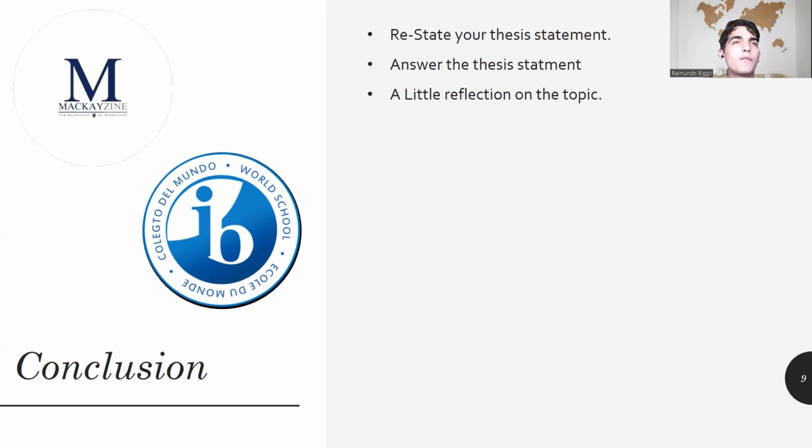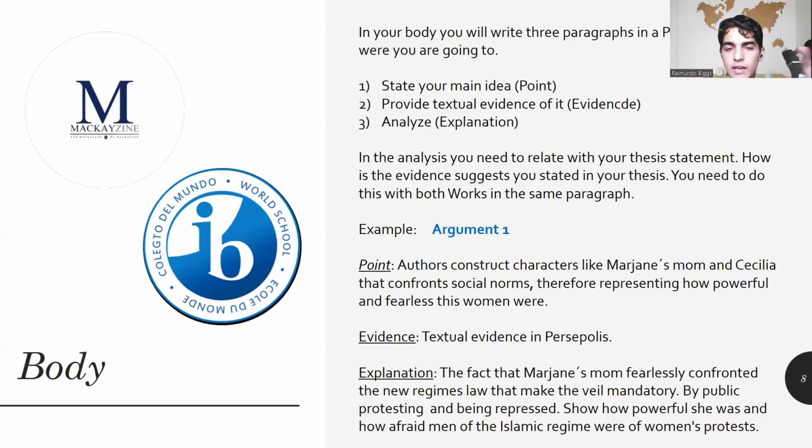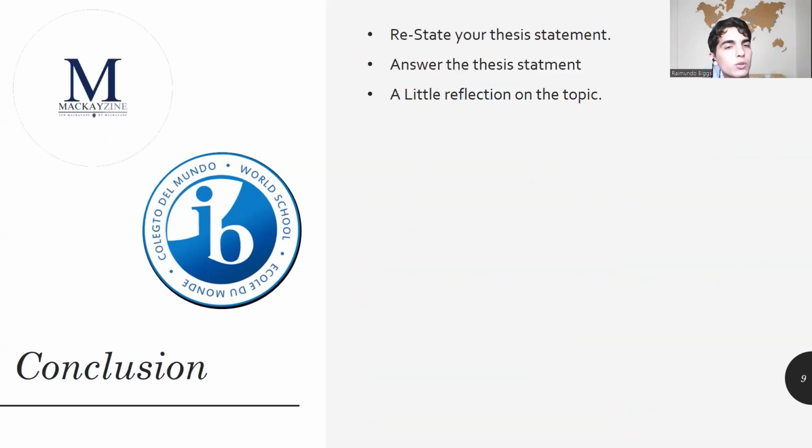At last, when you've finished all your arguments with that structure of point, evidence, explanation, and then for text 2, another evidence and explanation, when you've finished your 3 arguments, you need to do the conclusion.